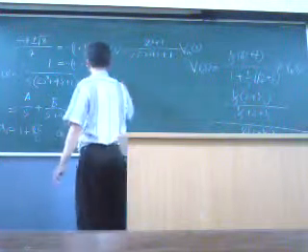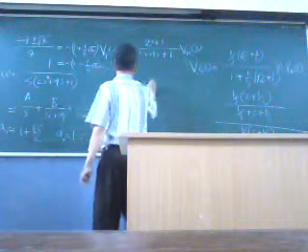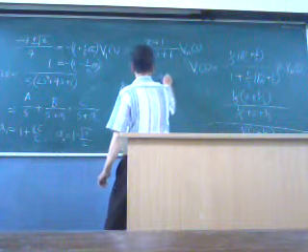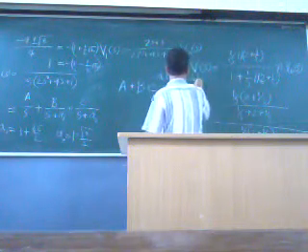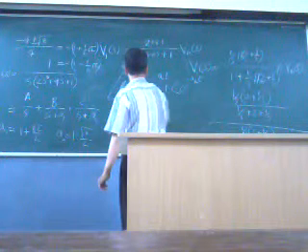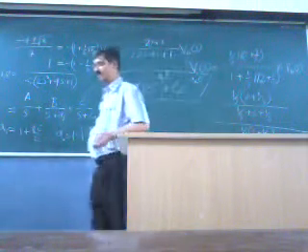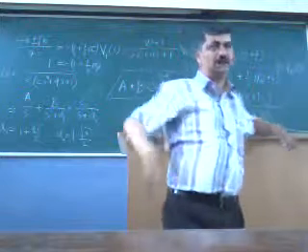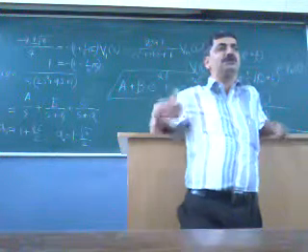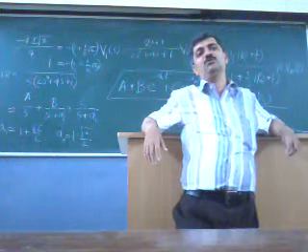It will be A plus B e raised to minus A1t plus C e raised to minus A2t. The same thing we could have got in the morning also. Only thing is that by the brute force method, we did not have the patience to come to this answer. A1 is equal to 1 plus root 2 upon 2, A2 is equal to 1 minus root 2 upon 2.